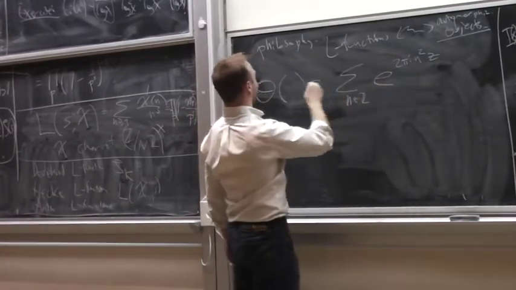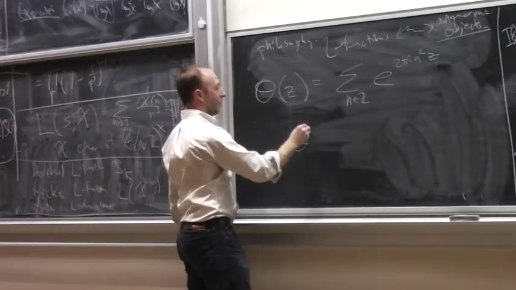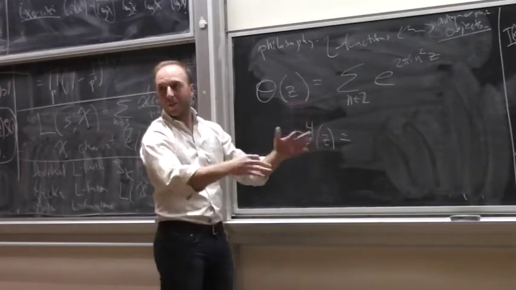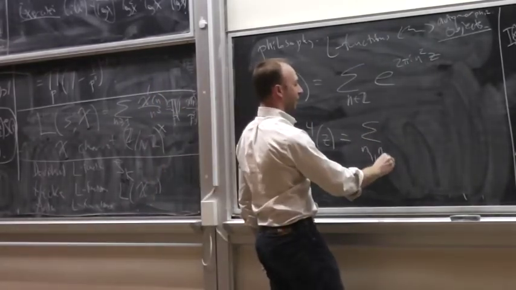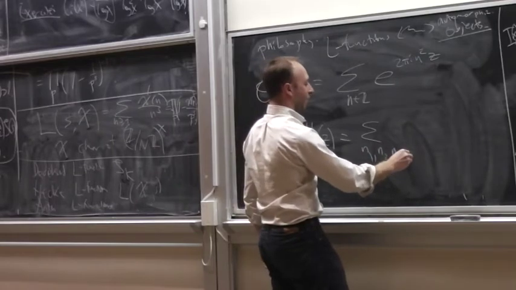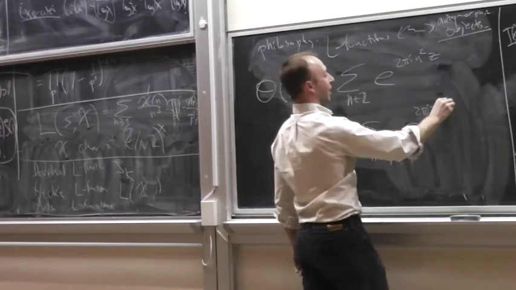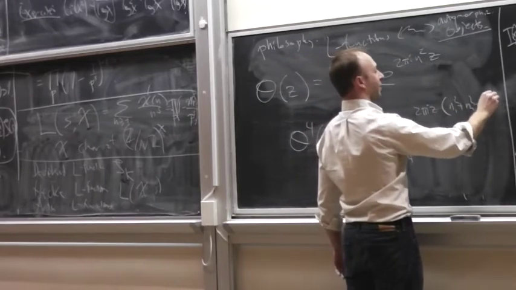So this will be a function of z. And then if you take theta to the fourth, well, that's just four summations. So you sum them all together and you get the sum over n1, n2, n3, n4 of e^(2 pi i z (n1^2 + n2^2 + n3^2 + n4^2)).